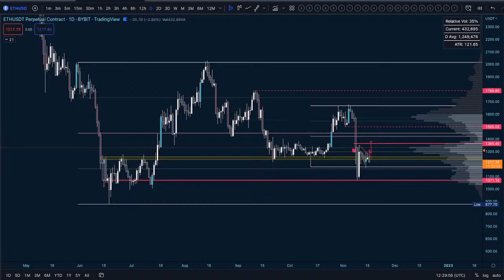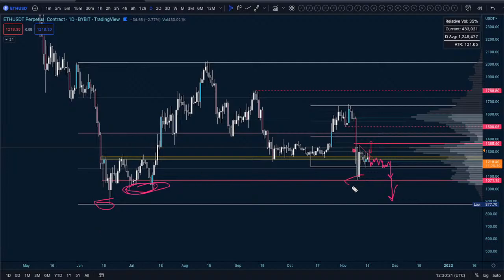So technically speaking, if it starts trading below this yellow and spends time there, quick ins and outs like this are no problem. But if it starts spending time there, I would say the targets are lower, because we have these nice juicy lows here along with these.